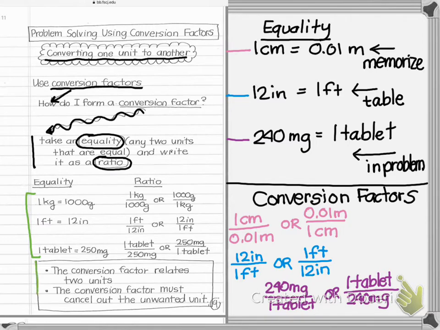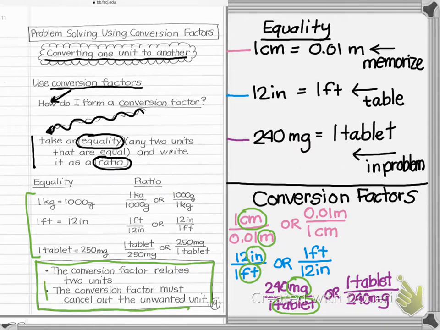So here, when we're thinking about conversion factors, the conversion factor relates to units. It will have 1 unit on the top and 1 unit on the bottom. See, on here we have centimeters and meters, 2 units. It's relating them, inches and feet. And on this one, milligrams, and although you might not think of it as a unit, we can use it as a unit, tablets.